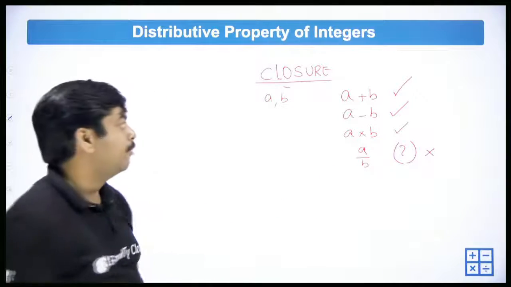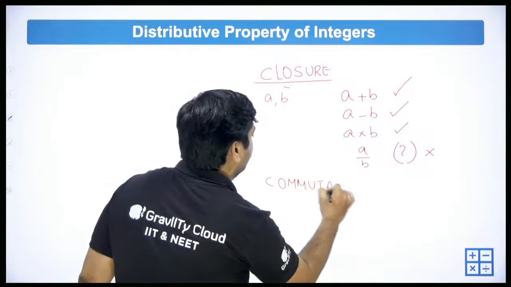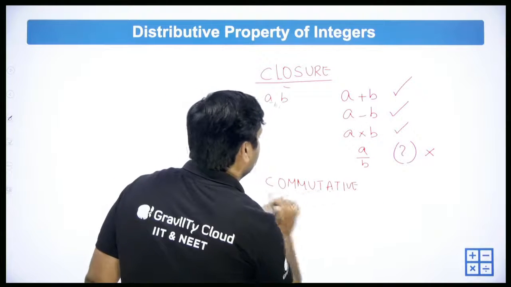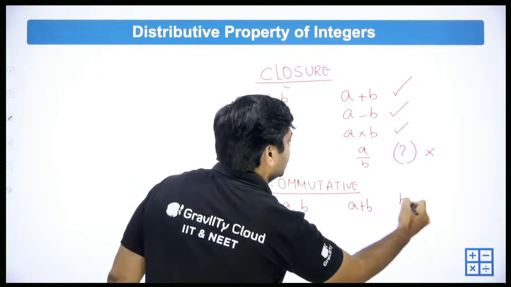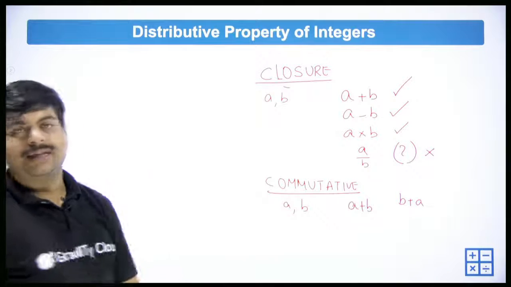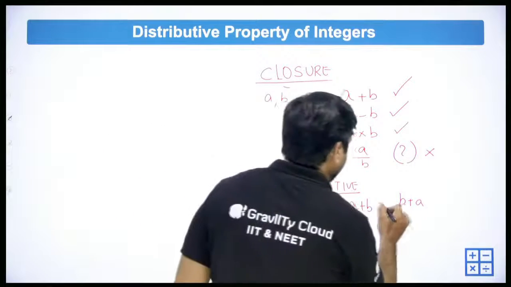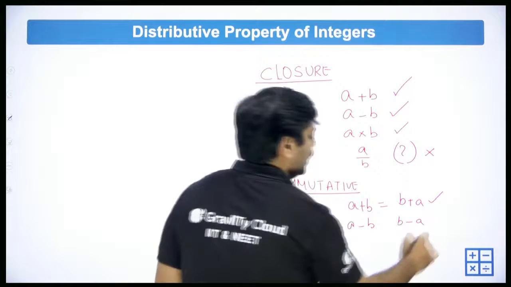The same way we discussed the commutative property. Do you remember what commutative is? When we have two integers A and B, A plus B and B plus A, are these two equal? In addition you can add in any way; order does not matter, right? A minus B and B minus A, are these two the same?